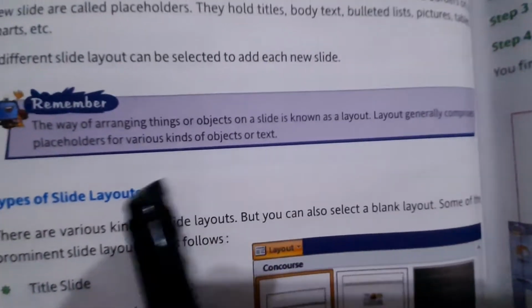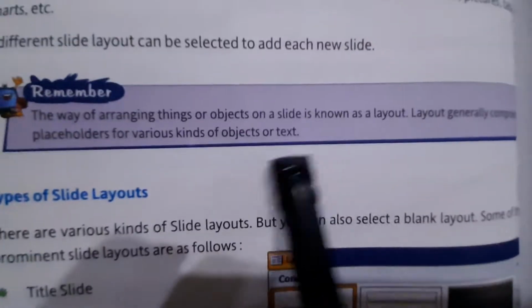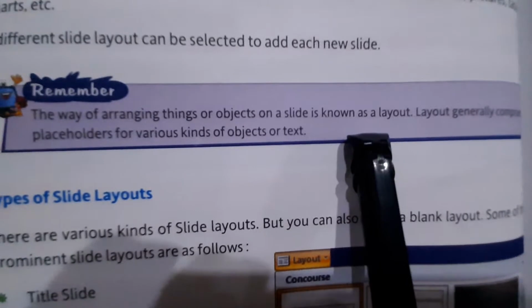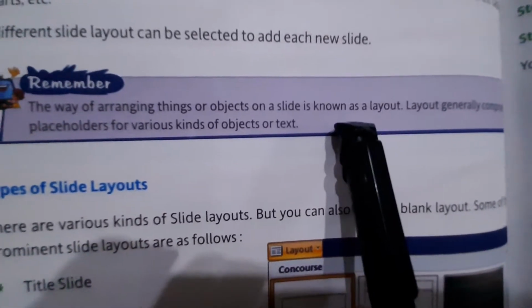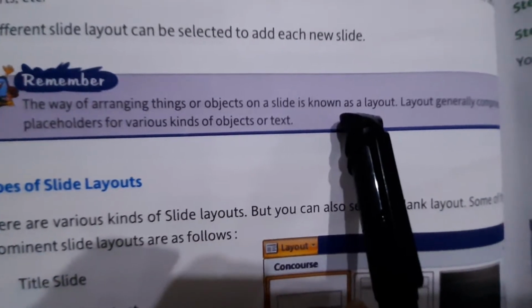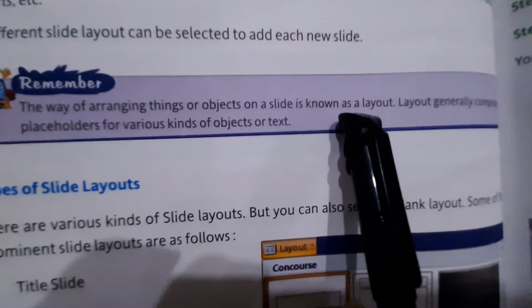A layout generally comprises placeholders for various kinds of objects or text. So how do various layouts differ? By the placing of placeholders. How placeholders are placed will decide the layout of a particular slide.